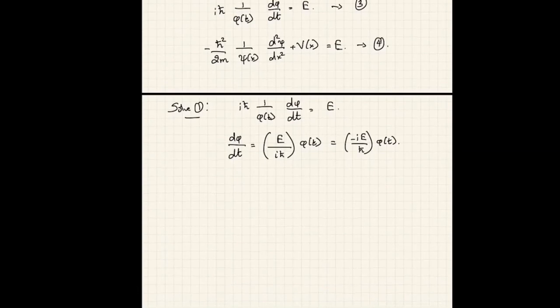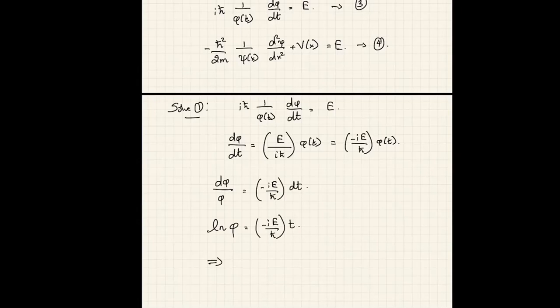So I take the φ in the denominator: dφ/φ equals minus iE over ħ times dt. And now I integrate both sides. On the left-hand side, I get logarithm φ equals minus iE over ħ times t.